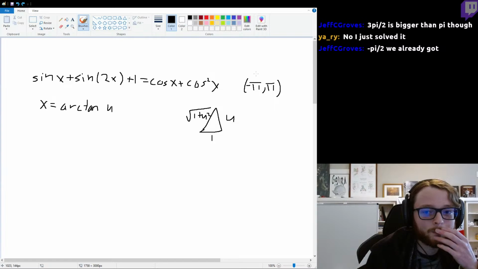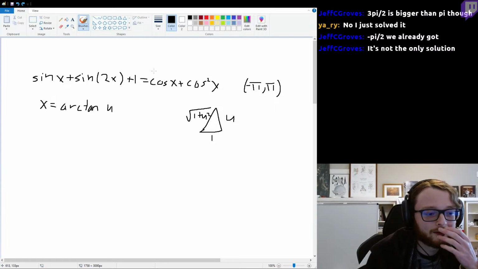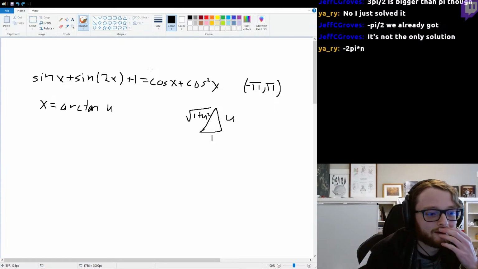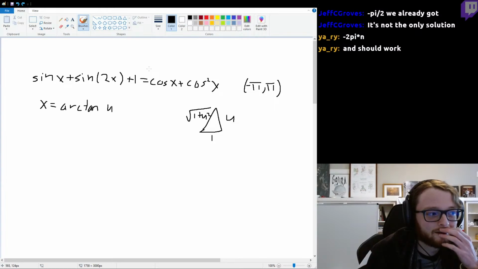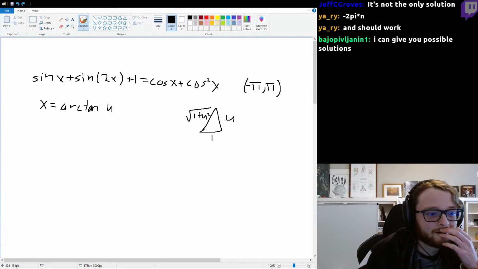Oh, you're right. It's negative pi to pi. Minus 2 pi n. There should be two solutions between minus pi and pi.